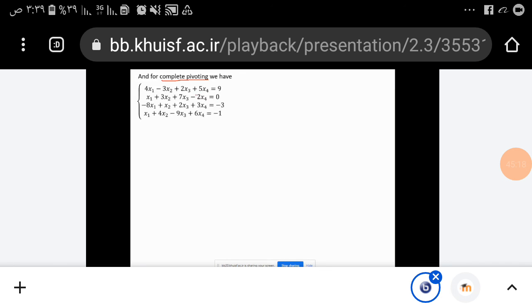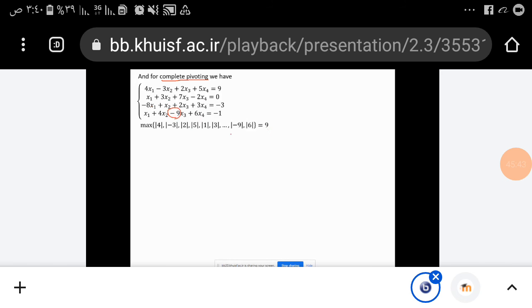So we calculate the maximum entry among all of these entries. The entries are 4, -3, 2, 5, 1, 3, 2, 6. You can see the maximum is -9 in absolute value.